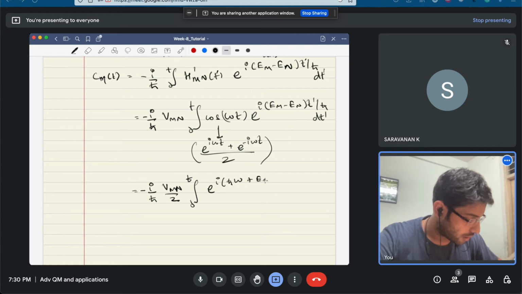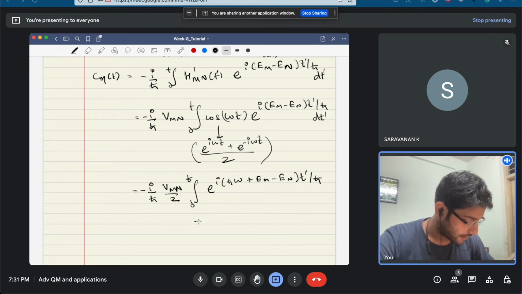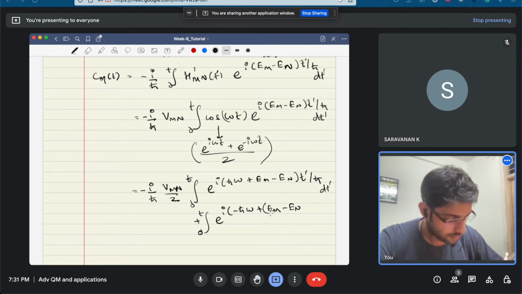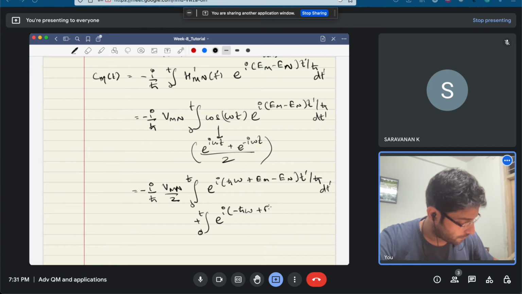The first term is e to the power of (h bar omega plus Em minus En) t prime by h bar, dt prime. The second term is e to the power of (minus h bar omega plus Em minus En) t prime by h bar, dt prime.